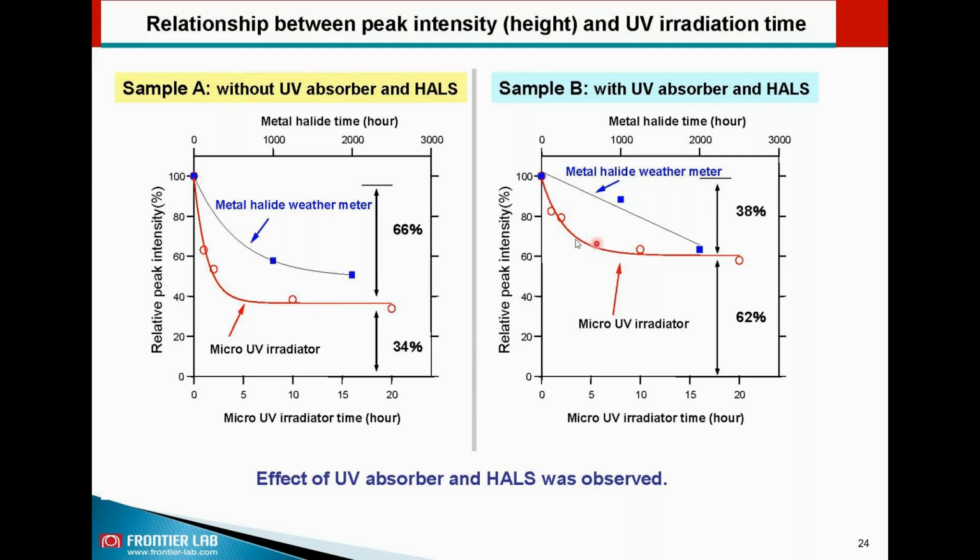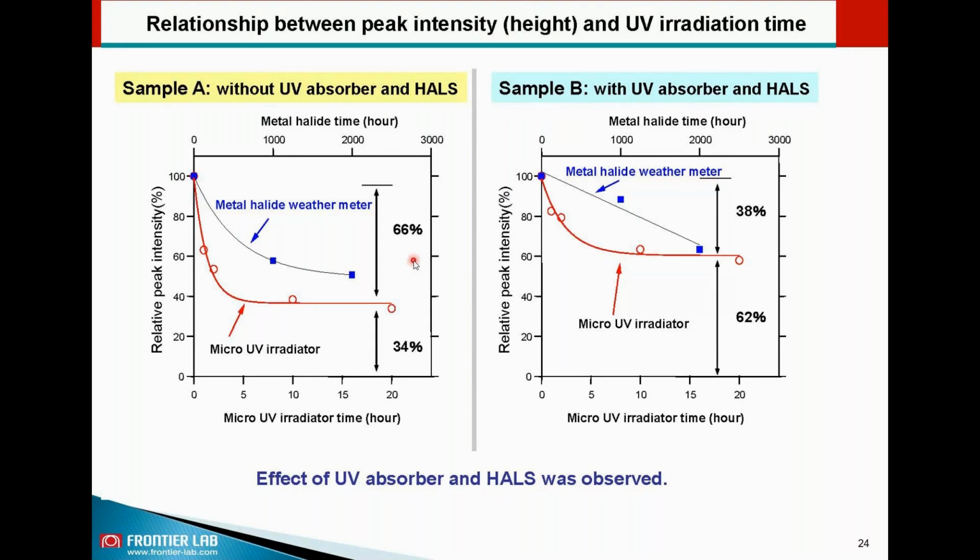Again, the right side is the sample with UV absorber. As we expected, the degradation is less in this case, because the absorber and the light stabilizer are taking care of the UV light, so that the polymer integrity is maintained.